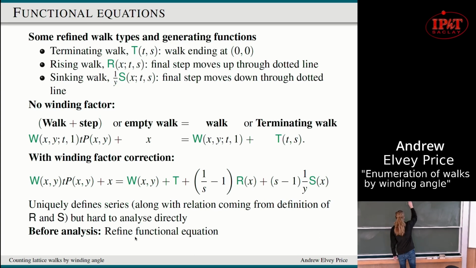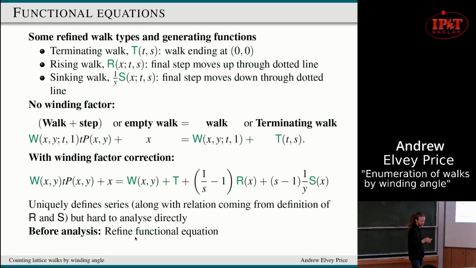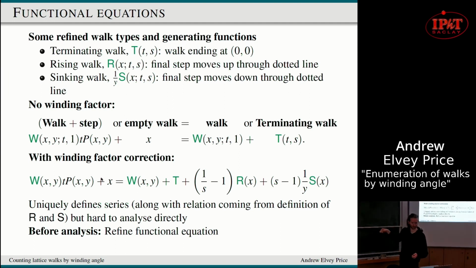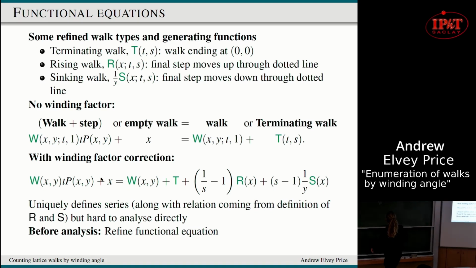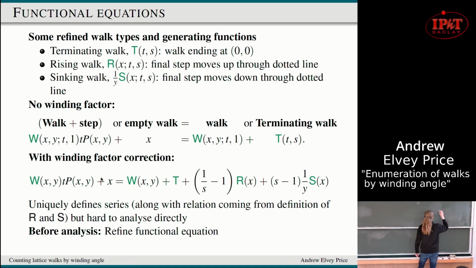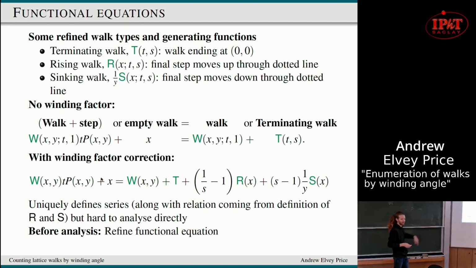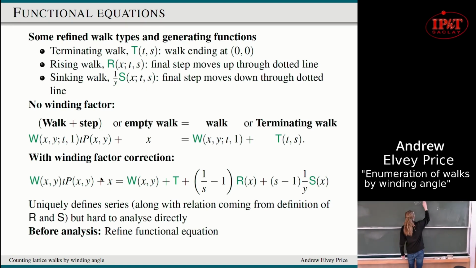So essentially the only thing we have to correct for is when we multiply by this S. If we consider the problem of counting rising walks, W, X, Y, well, really there's still the variables T and S in there, but they didn't fit. So W, X, Y, T, S.